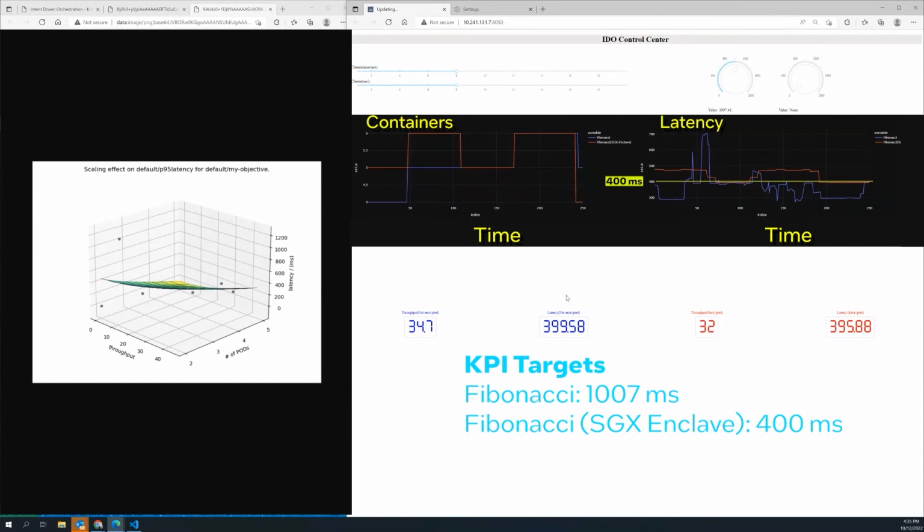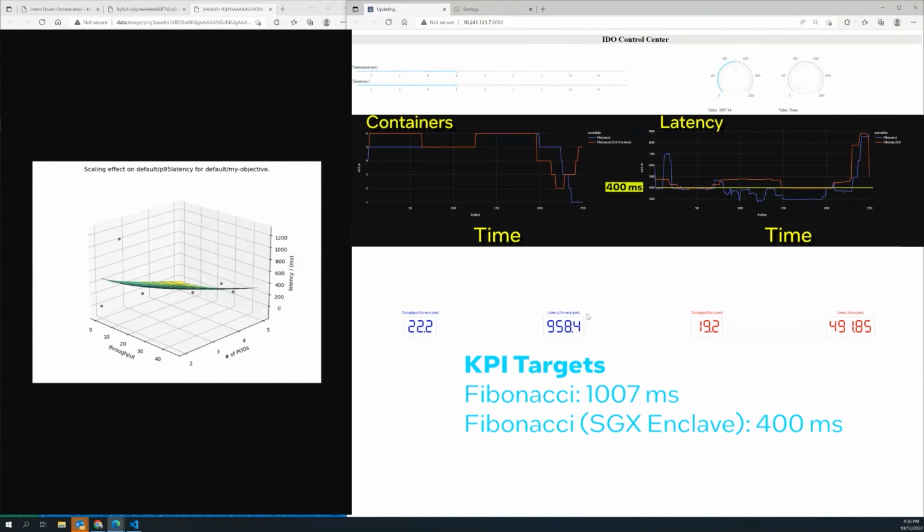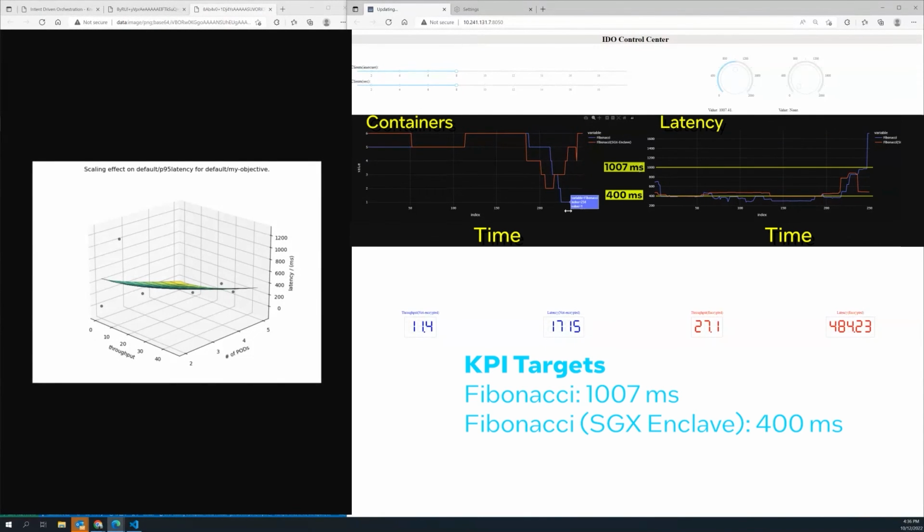After several time steps, our number of containers dropped to 1 container, and our latency got very close to the desired latency of 1000 milliseconds. We see also that our machine learning models got expanded with further data points, and this helps us have better predictions.